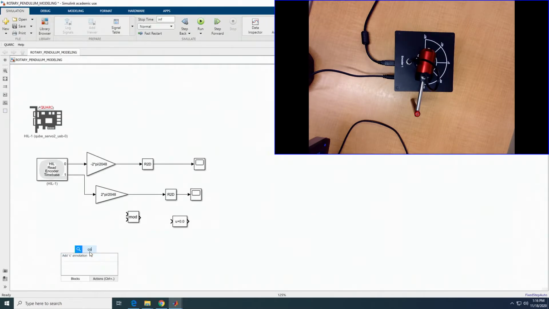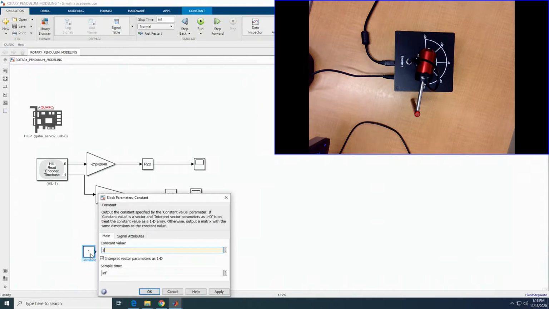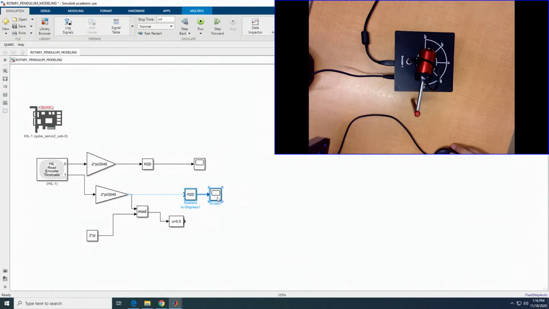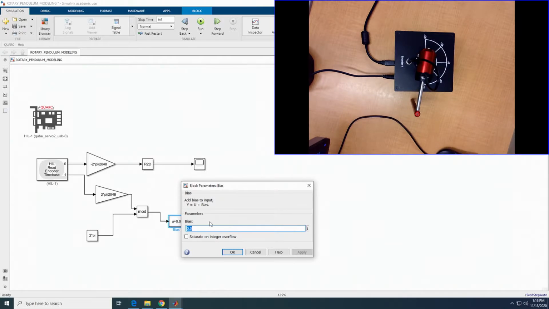So I'm going to define a constant equaling 2 times pi, add it to the mod block, and also take the readings that we have straight from the encoder, and then I'm going to attach the mod block to the bias that we have, and the bias block basically adds a constant value to the signal that goes into it.